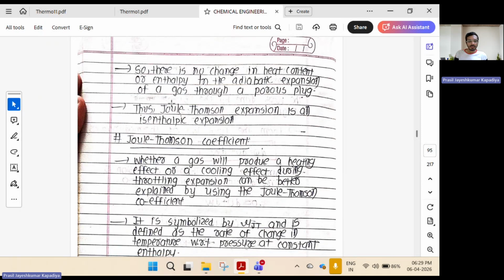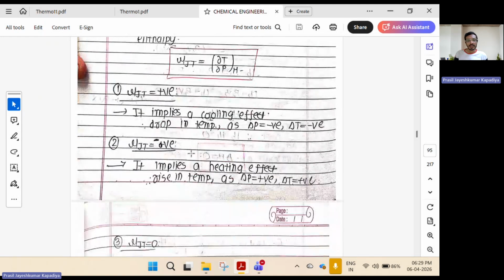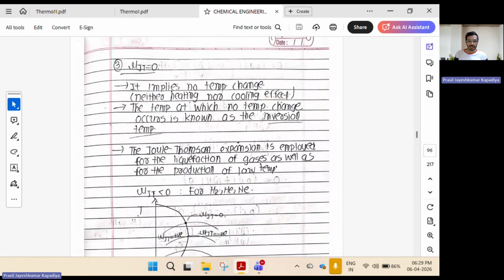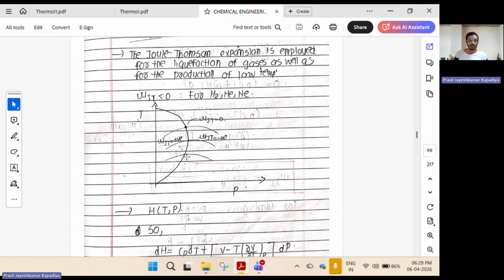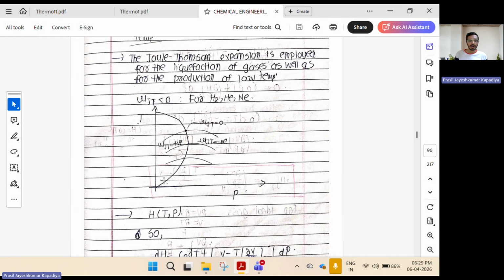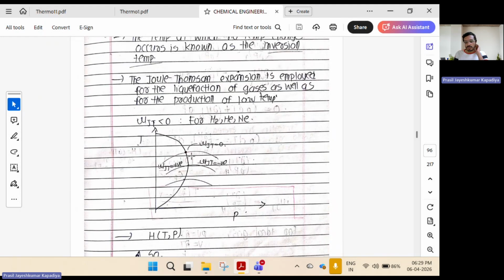Mu JT negative means heating effect and mu JT positive means cooling effect. This locus of points is known as the inversion point, where my Joule-Thomson coefficient is going to be 0. So this is negative, this is positive. Positive means cooling effect, negative means heating effect, and at this line it is equal to 0.